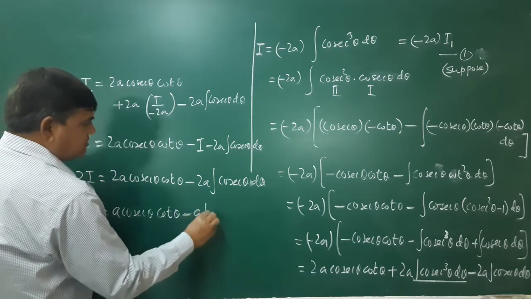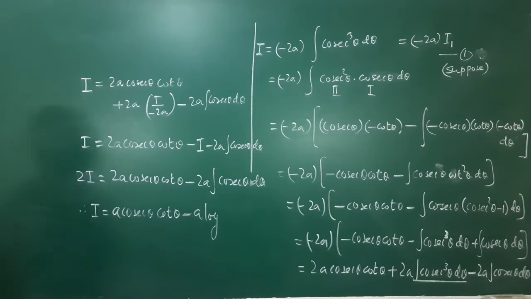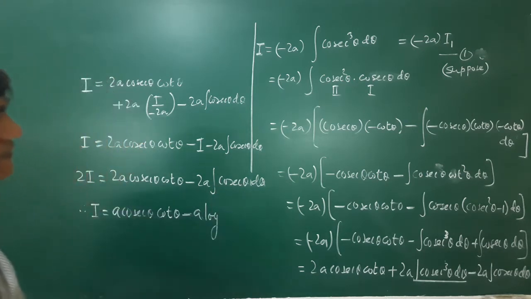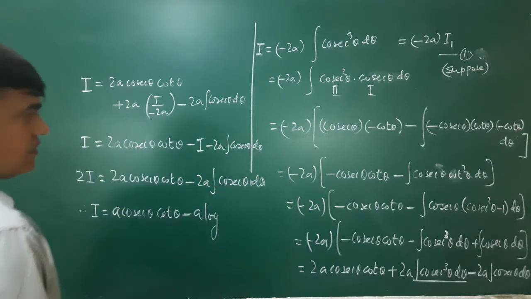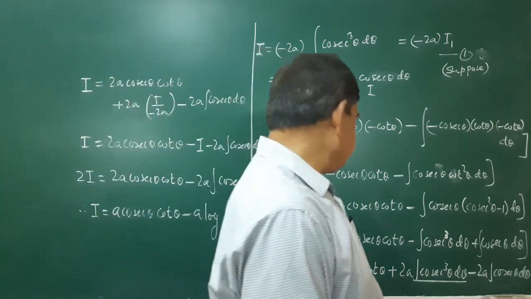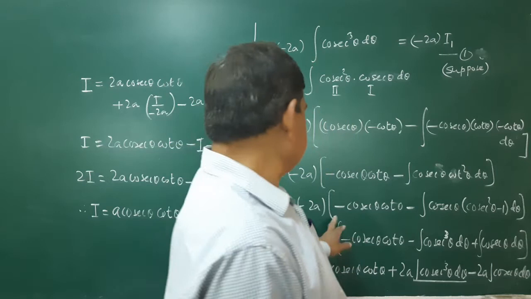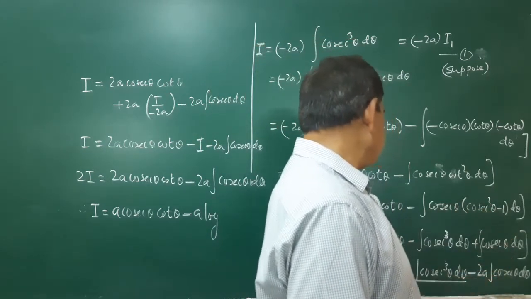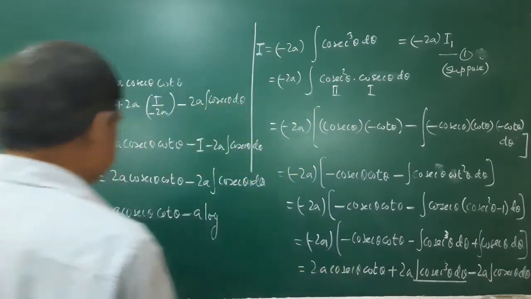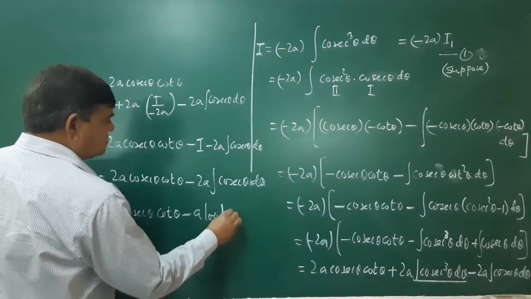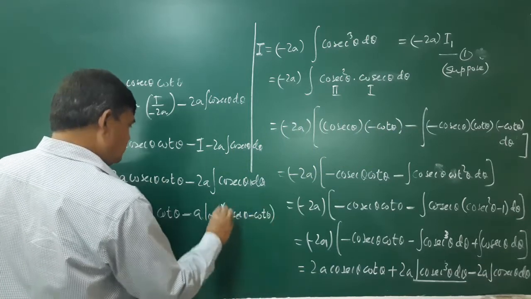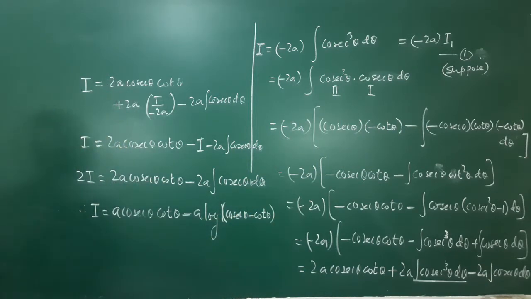minus a, this is log. Now integration of this, check the sign. This is minus and this is minus minus plus. Okay, it's okay. This is log of cosec theta minus cot theta.